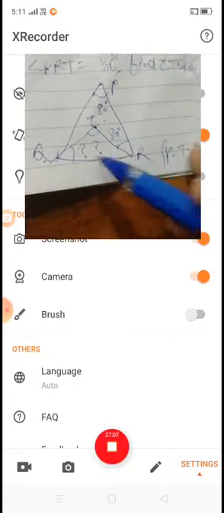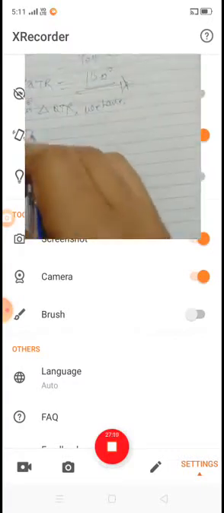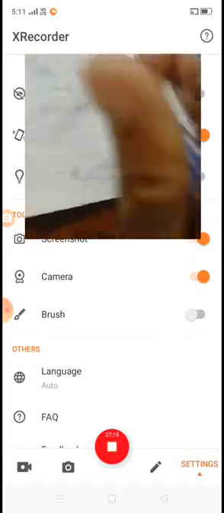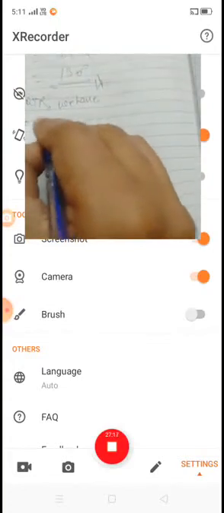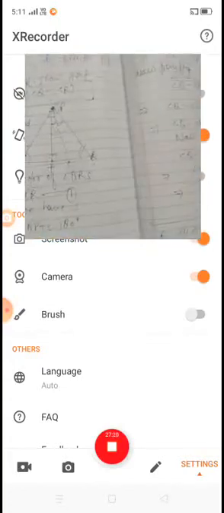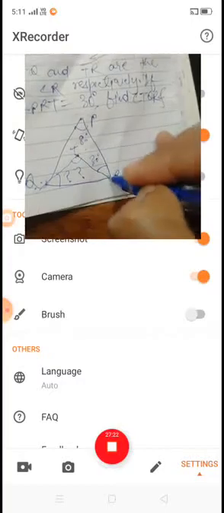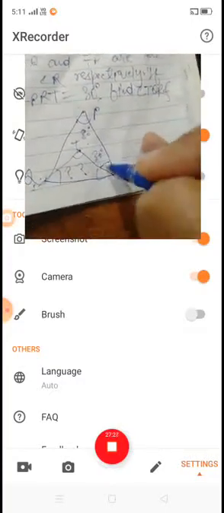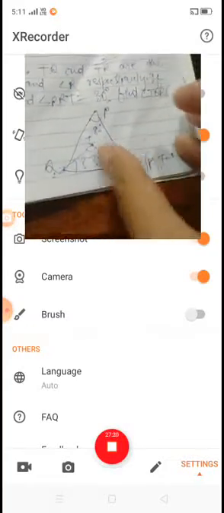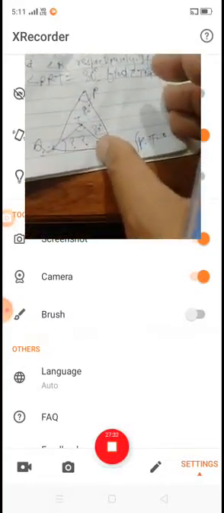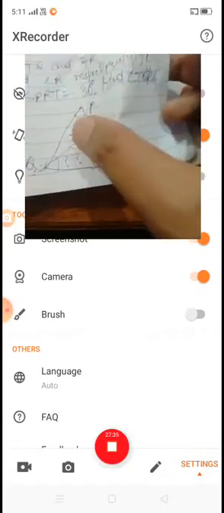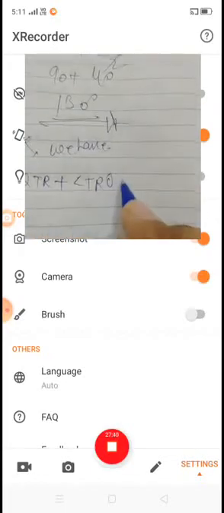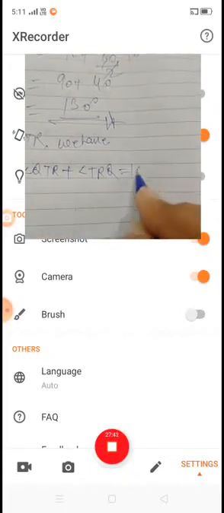We find angle TQR: angle TQR plus angle QTR plus angle TRQ is equal to 180 degrees. Angle TRQ is also equal to 30 degrees because this is the bisector, so each angle is equal to the other.